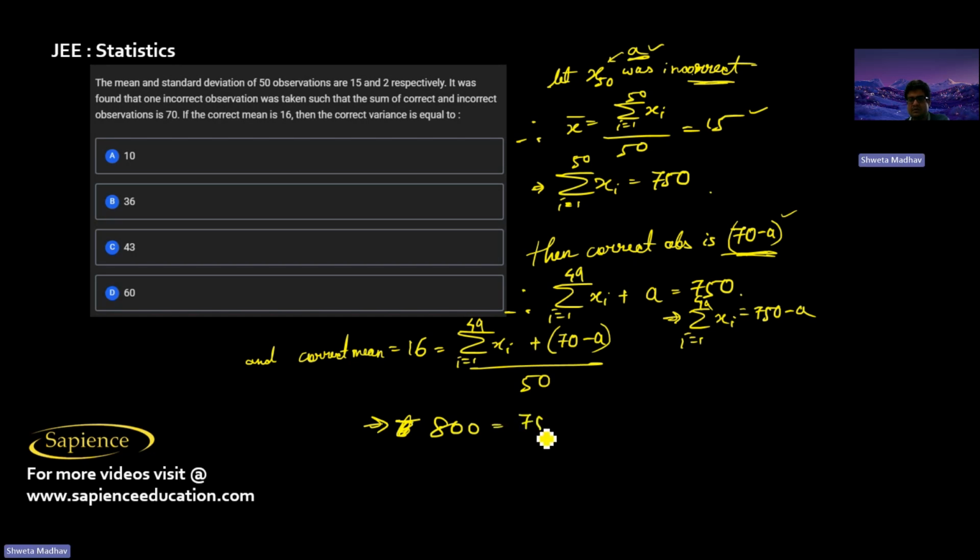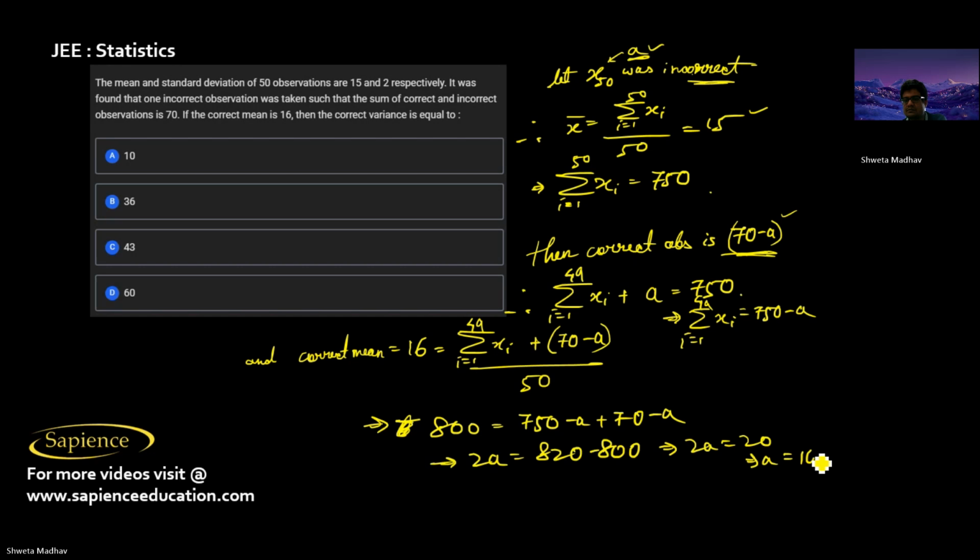That is equal to 750 minus A plus 70 minus A. So therefore I can say 2A is equal to 820 minus 800, that is 20. So A is equal to 10. That means the observation 10 was incorrect and the correct observation was 16.